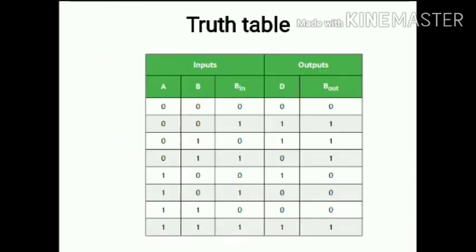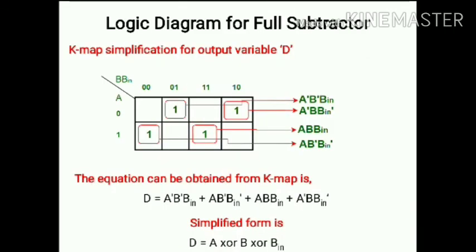See the truth table. In the difference output, the second row, third row, fifth row and last row got the value 1. So find the minterm for that row and mark it in the K-map. Afterwards, ORing all the minterms, we will get the equation.